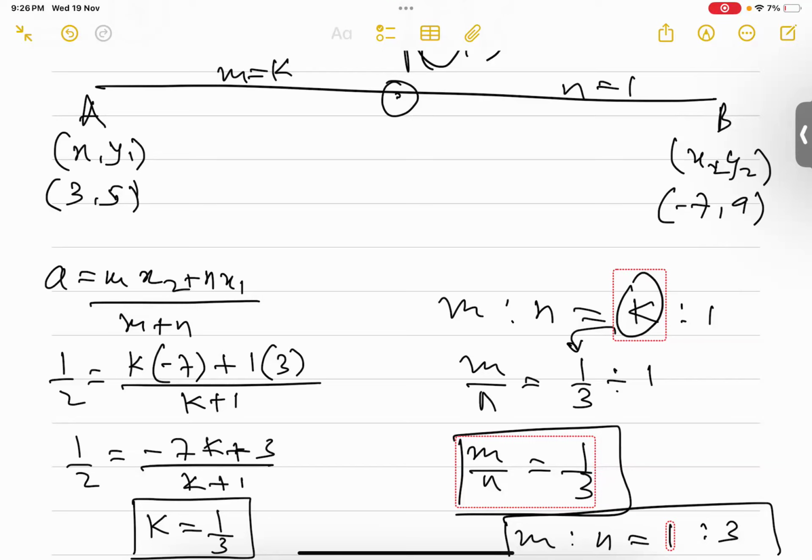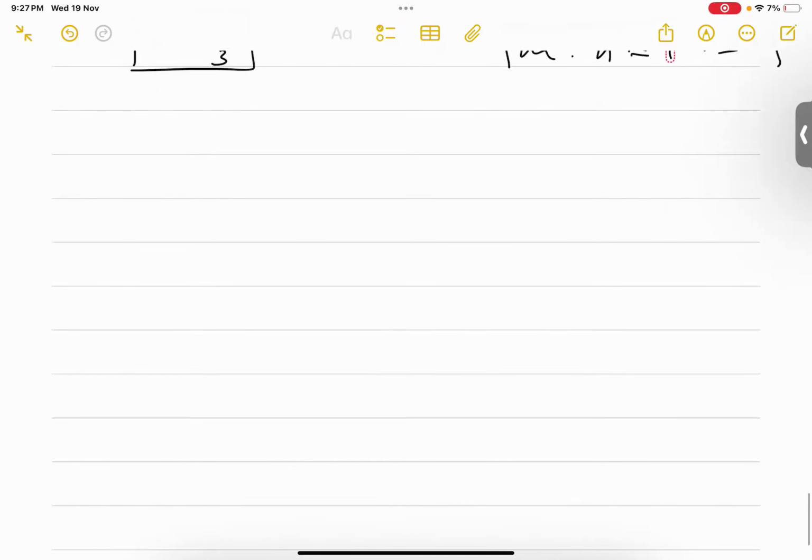Question number 11, sub question 1. In what ratio is the line joining the points divided by the y-axis?